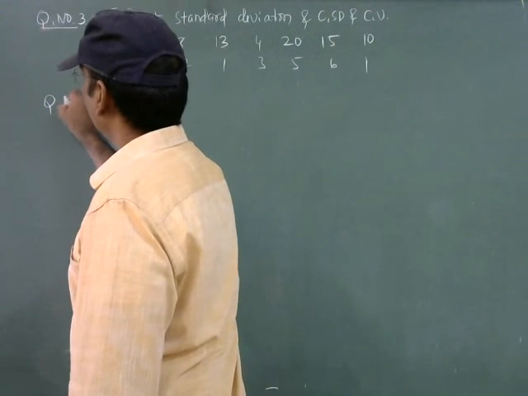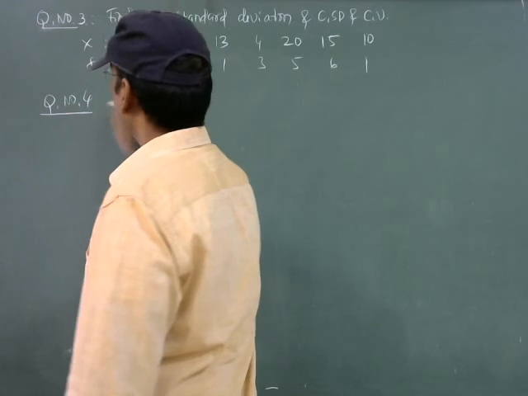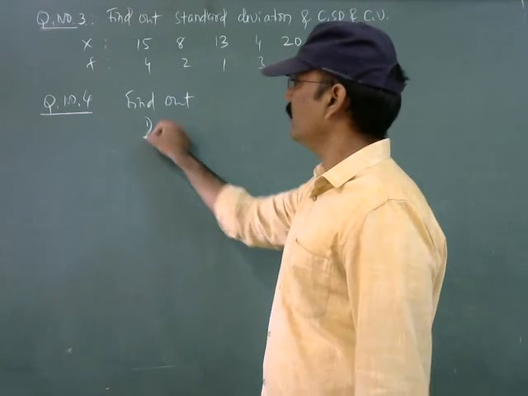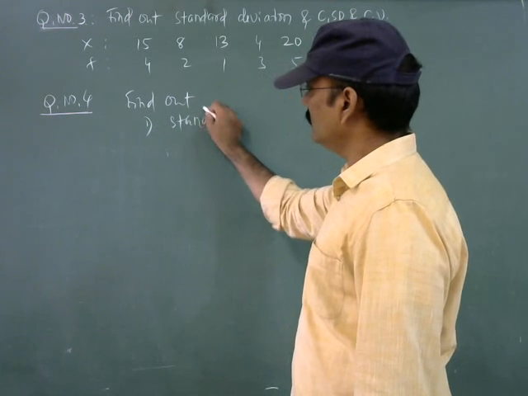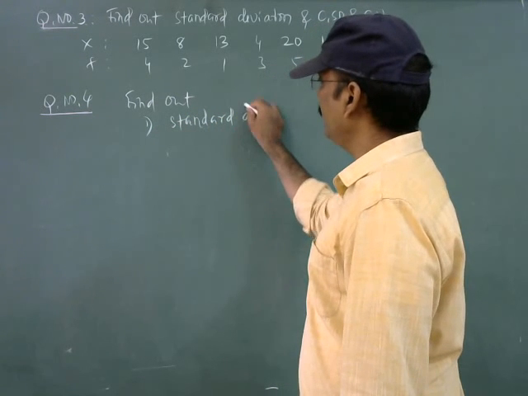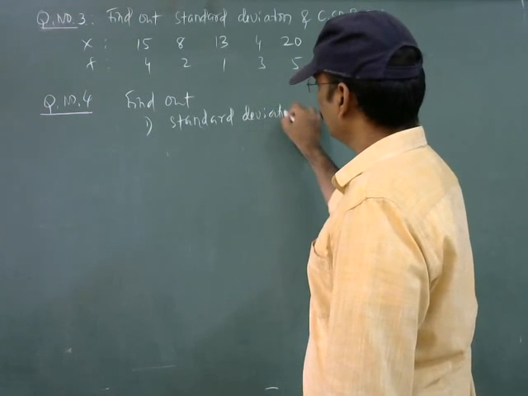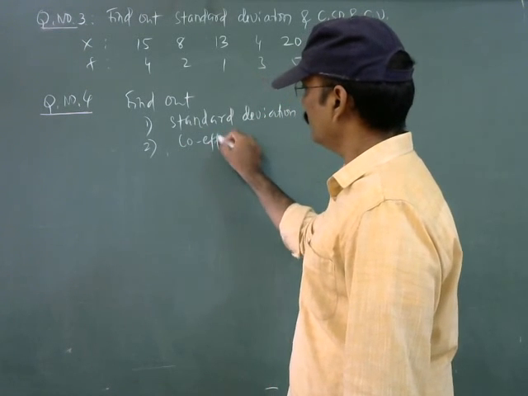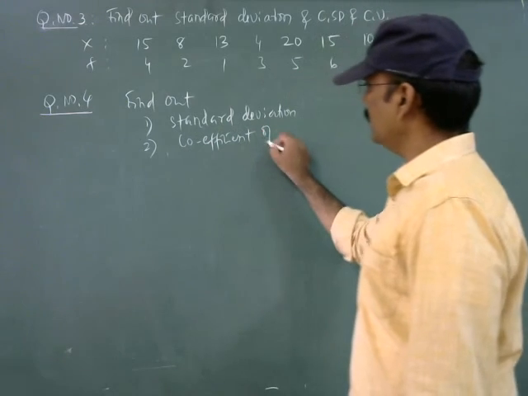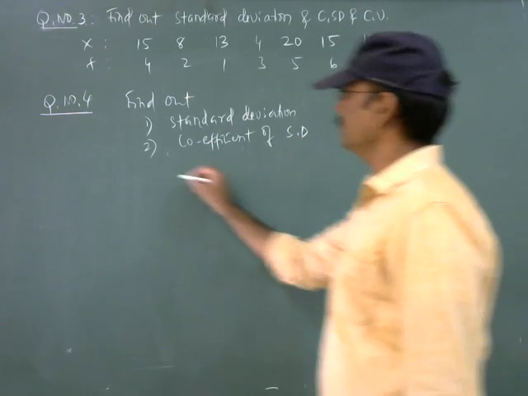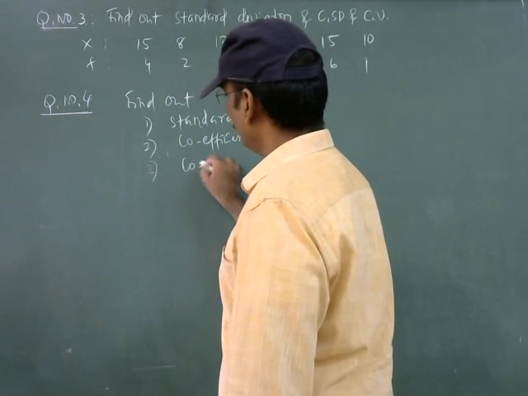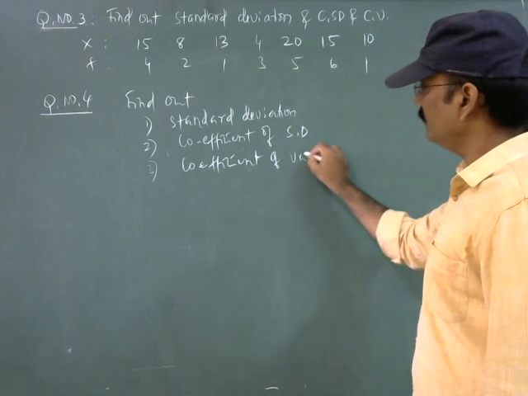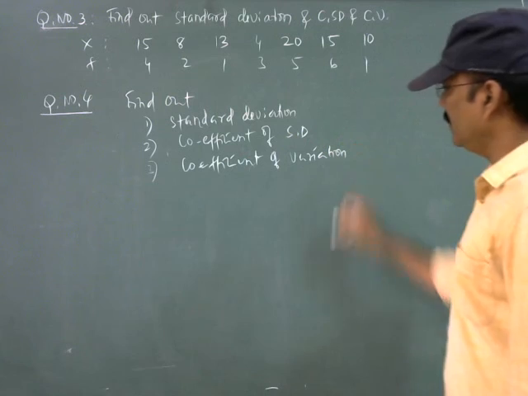Then question number 4. So find out number 1, standard deviation. Number 2, coefficient of standard deviation. Number 3, coefficient of variation.